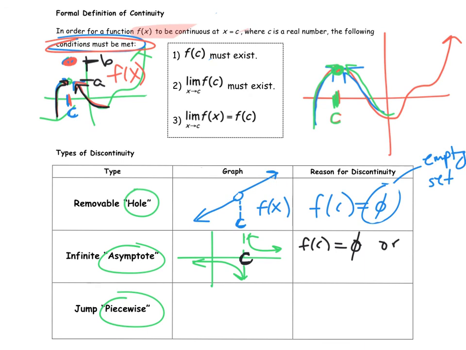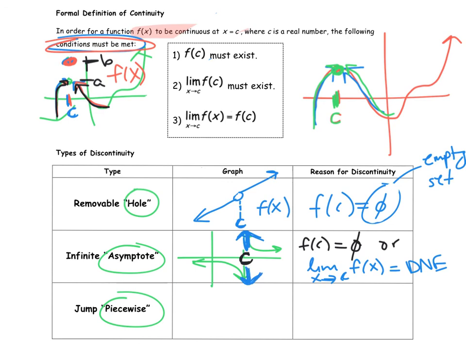We can't be approaching infinity and then also negative infinity at the same time. That's not going to work. Or the limit as x approaches c of the function f of x does not exist. Which again makes sense. You can't be approaching infinity and negative infinity at the same time. The limit would not exist.